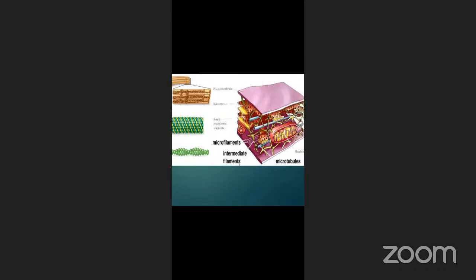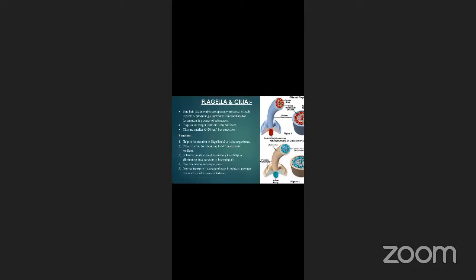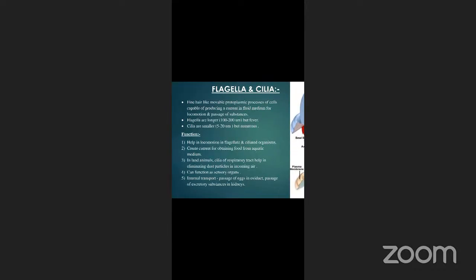Here you can see the microfilaments, then intermediate filaments and microtubule structures. This is how the cytoskeleton looks. Then flagella and cilia. Both are almost similar, but flagella are quite complicated compared to cilia.